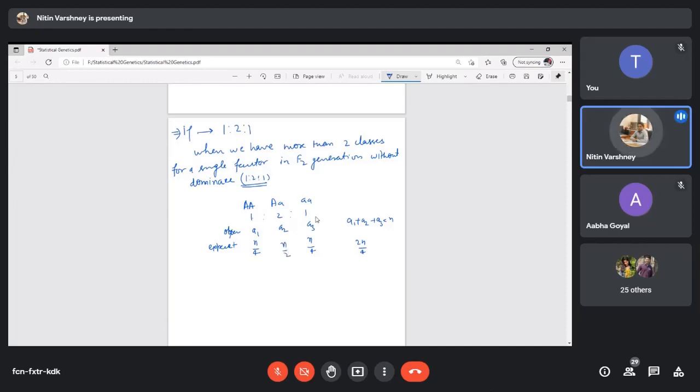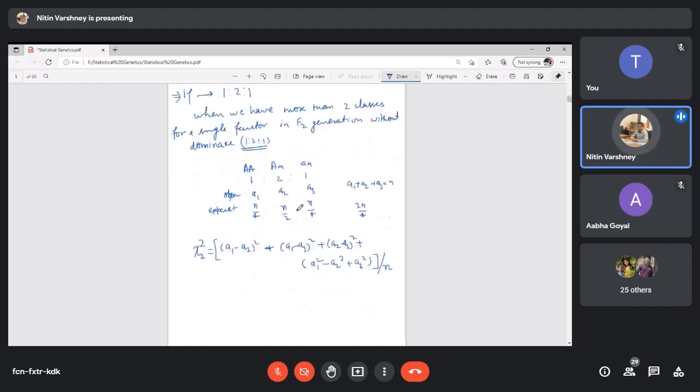Okay, so here we will get chi square with how many degrees of freedom? 2 degrees of freedom, k minus 1. This will be (a1 minus a2) whole square plus (a1 minus a3) whole square plus (a2 minus a3) whole square, plus (a1 minus a2 plus a3) individual square, divided by n.